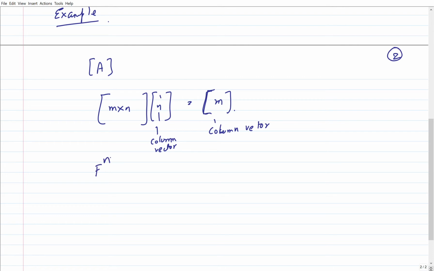So this goes to, by left multiplication by A, x goes to Ax.